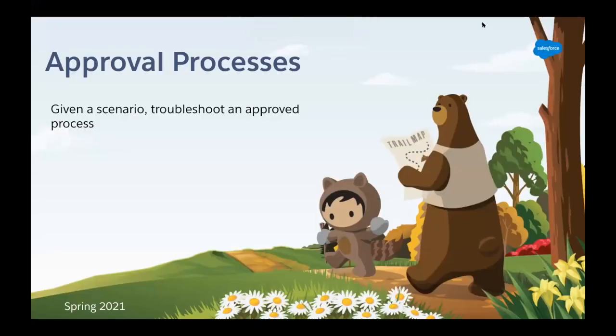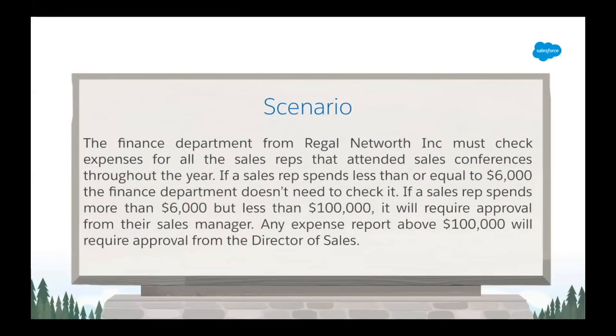Alrighty, so today we're going to go over approval processes. I will be giving a scenario and going through those steps of how to troubleshoot within an approval process. So the scenario is the finance department from Regal Net Worth Inc. must check expenses for all the sales reps that attended sales conferences throughout the year.